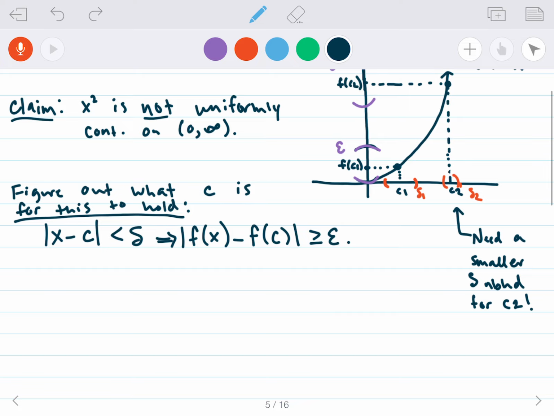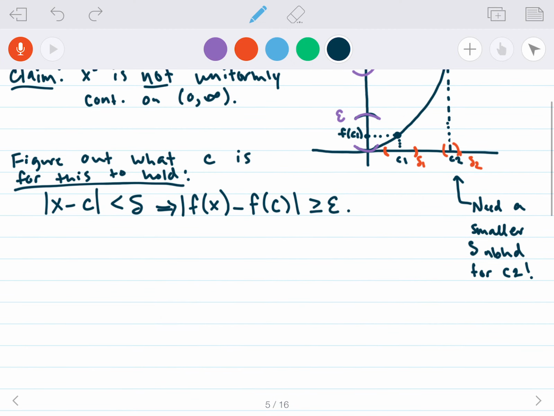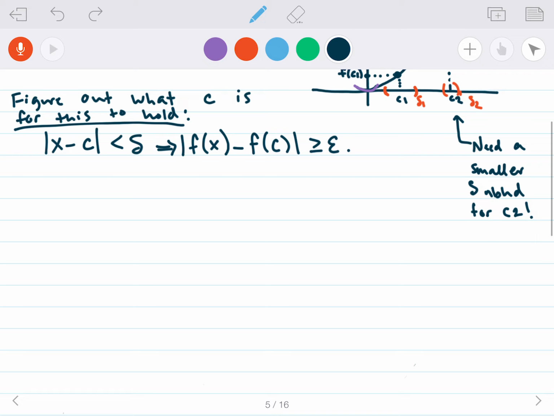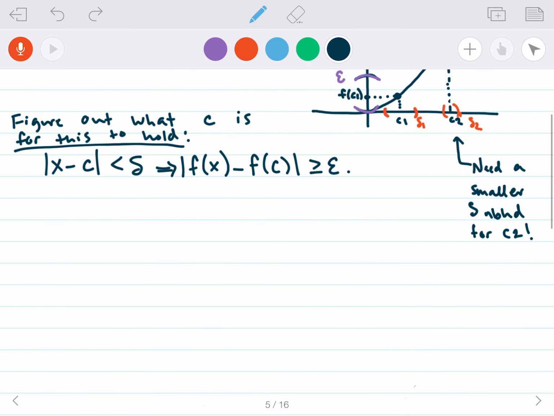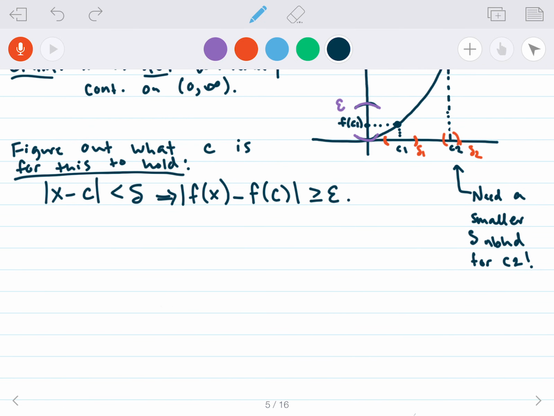And so the idea here is, let's proceed by contradiction. Well, before we do that, let's go ahead and figure out what our epsilon is going to be.